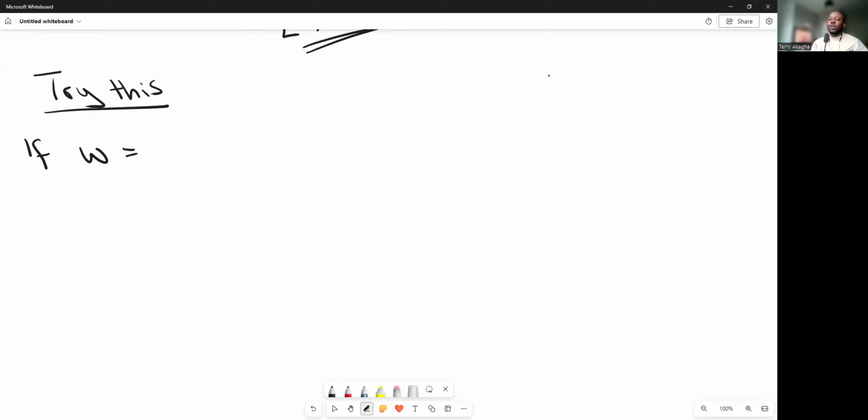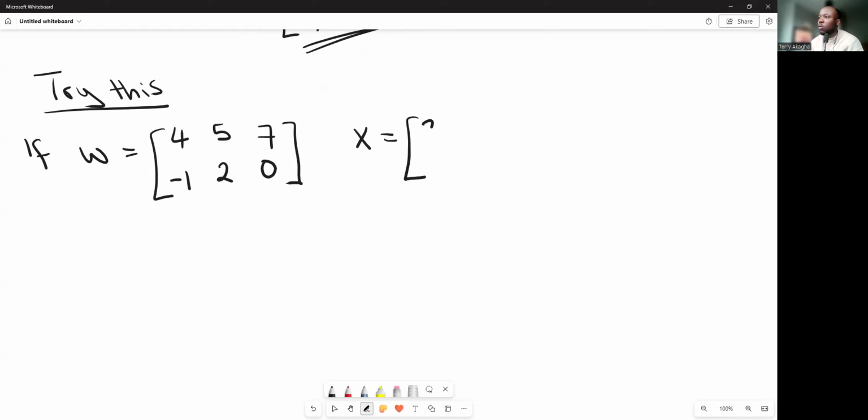So let's assume W was 4, minus 1, 5, 2, 7, and 0. So we have W to be that. Also we have X equal to 2, 1, 0, 5, 1, minus 2.